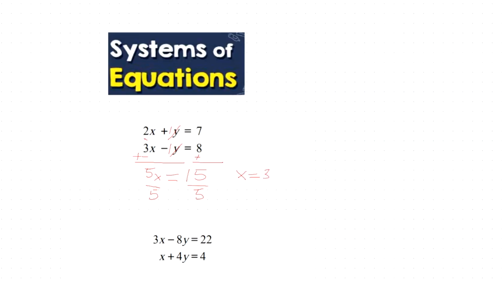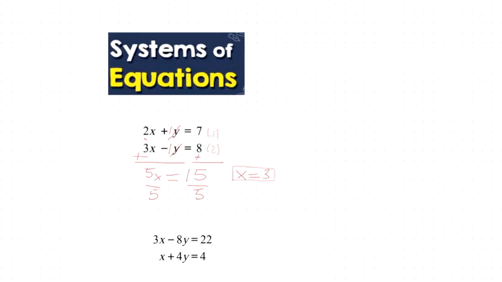And we're just going to find the value of y. By using one of the equations, you can use either equation 1 or equation 2. Whichever you like, you can just pick. Let's say we will use the first one.